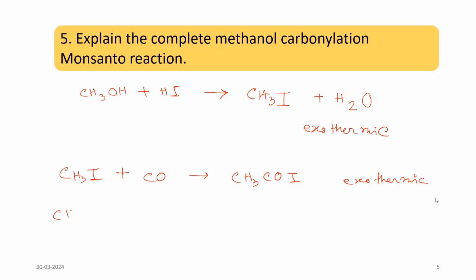The third reaction is this CH3COI, the methyl carbon monoxide iodide complex, will again react with the previously produced water, and finally it will produce our desired product, that is acetic acid, and hydrogen iodide, which is regenerated in the form it was given into the reaction, right? So HI is now regenerated, and it is also an exothermic process.